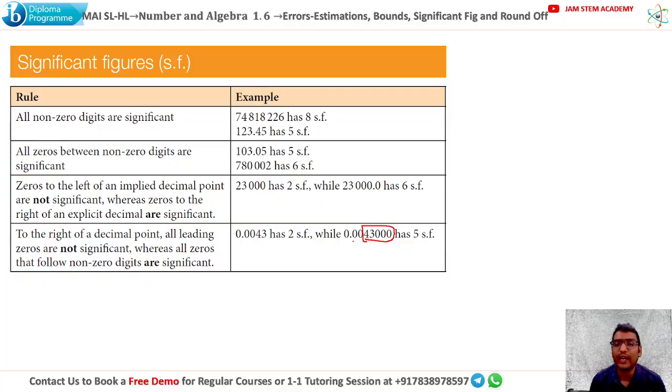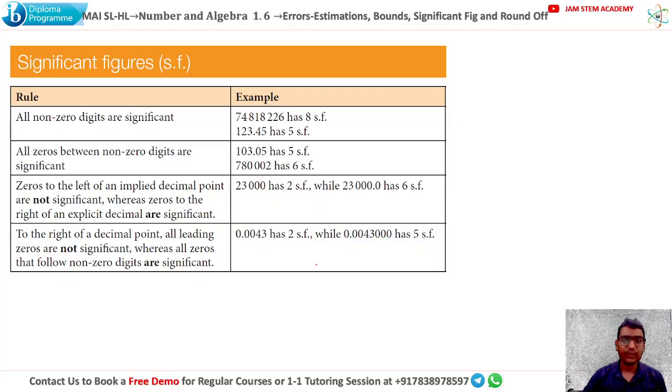So in this way, you will have five significant figures. Do not count these three. Always remember this. If you have 0 point and as many zeros, do not count them. Once the first non-zero digit appears, start from there. All the zeros or non-zero digits after that will be considered as significant figures.